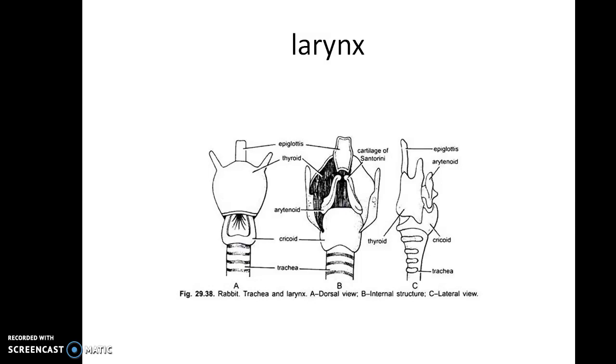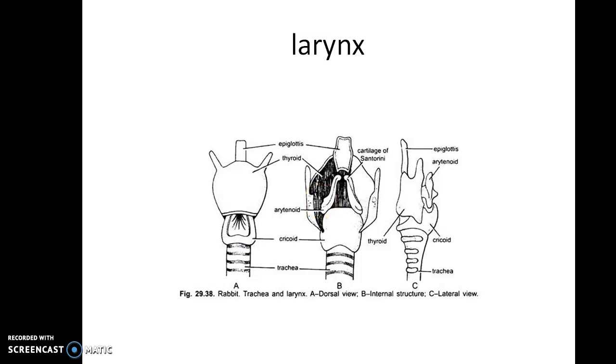Okay, and the anterior ones are false vocal cords and the posterior ones are true vocal cords. The larynx is essentially a mechanical valve at the entrance of the airway. It regulates the entry and exit of air.